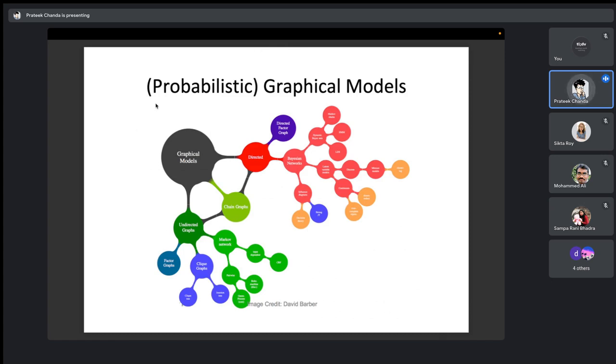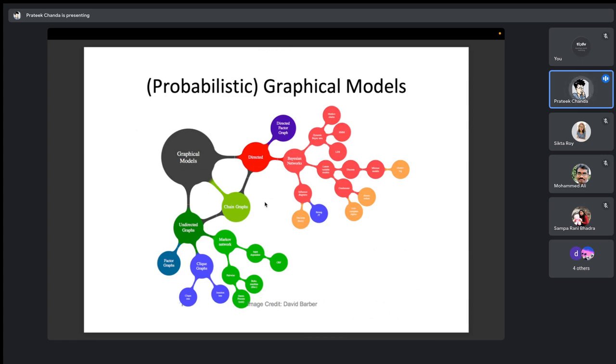Before we head on too much into more details, I just want to give you an overview of what our upcoming lectures would include. Some parts we are not diving deep into, like the smaller nodes, we are not going too deep into. But graphical models broadly can be divided into three parts: directed graphs, chain graphs, and undirected graphs.